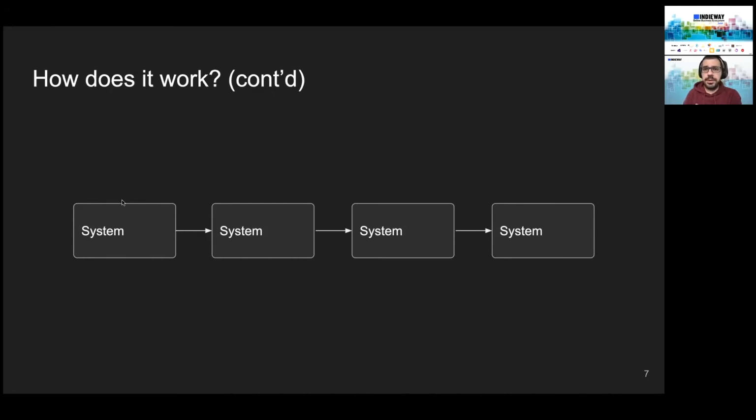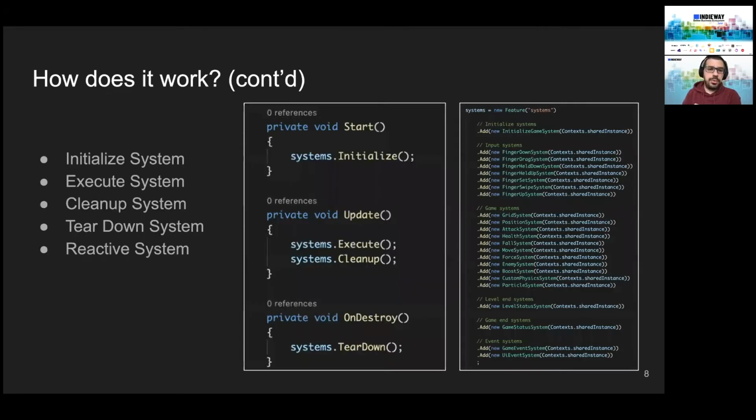It might be a physics system, let's say, and there are only physical components on them, and another system functions for the mesh renders. And this is the order. And when each game is created, this order is repeated. And here you can see the different systems.